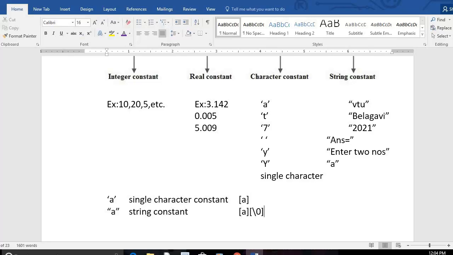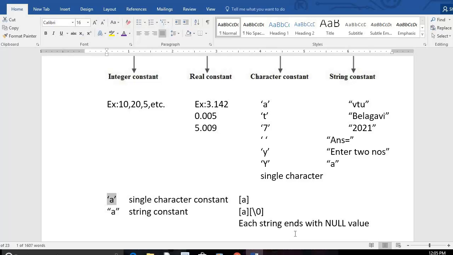Each string ends with null value. That is the difference between this a and this a. If you write in double quote, that will be treated as a string by the machine. If you write in single quote, that will be treated as a single character constant.